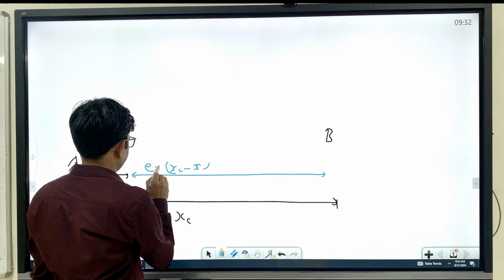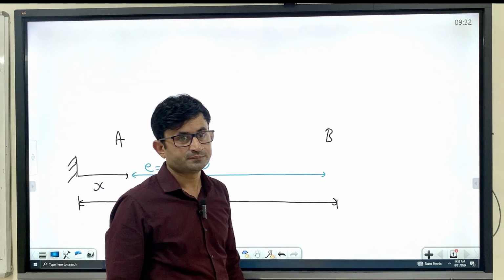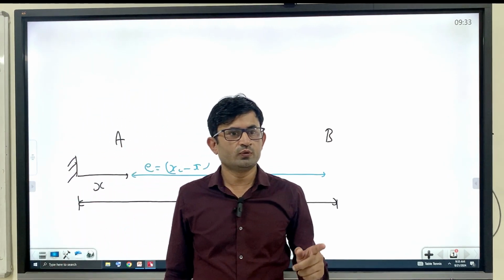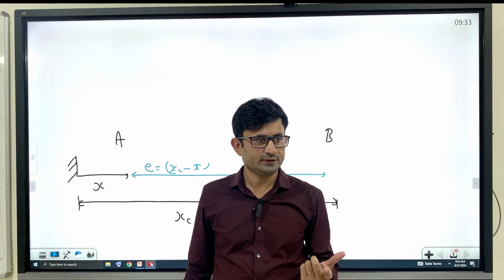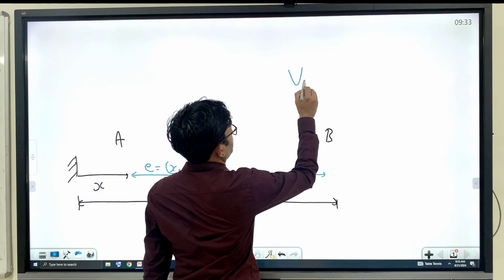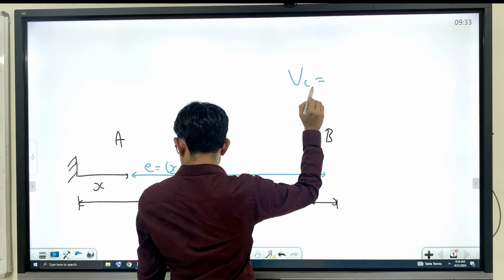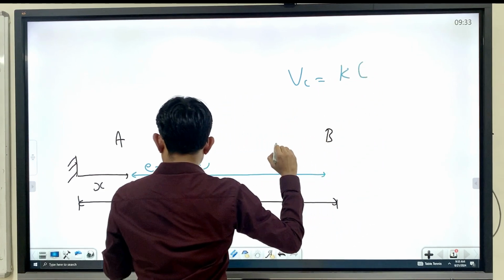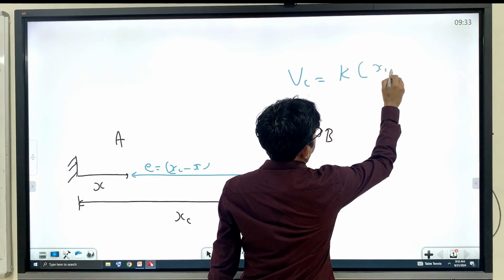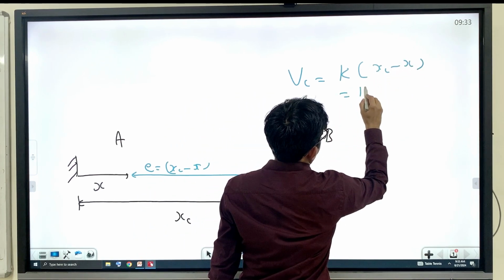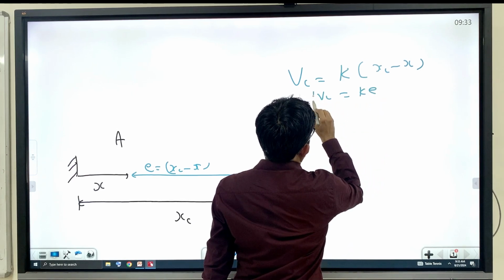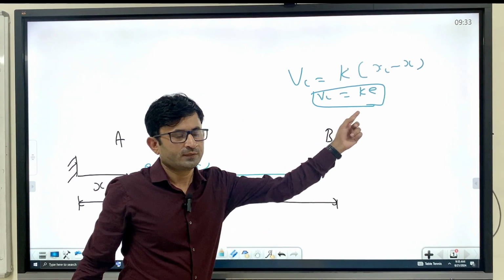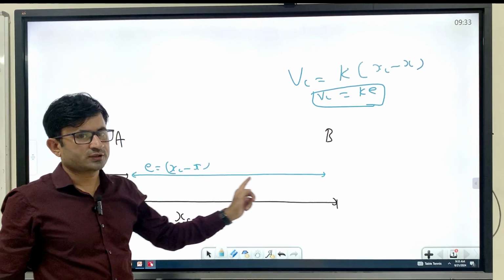This is the error. Now if you want to move from point A to point B, you have to move with some velocity, right? So let's say you command your velocity with this error, some constant k into xc minus x, or you call it ke. So when you increase k, your commanded velocity will be more.